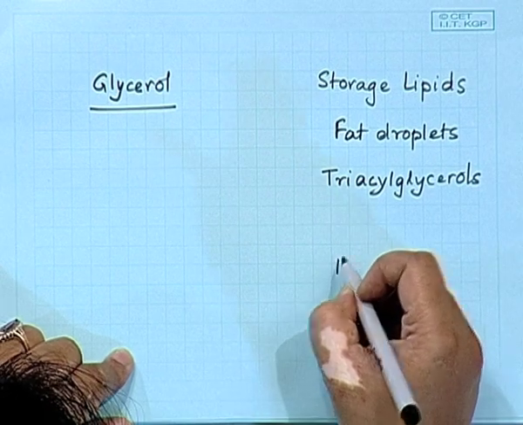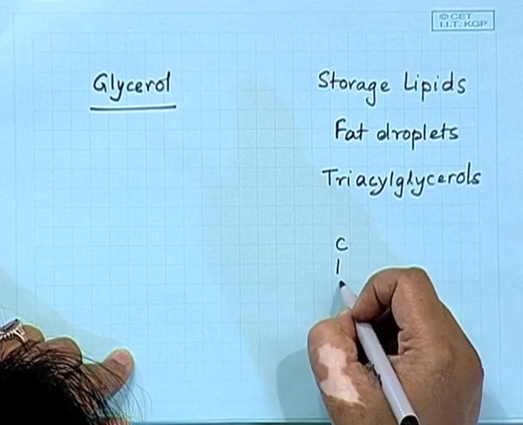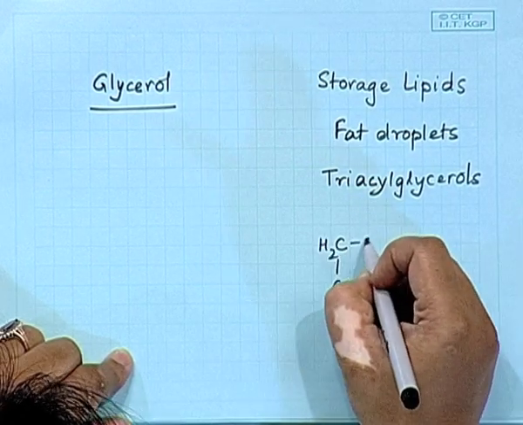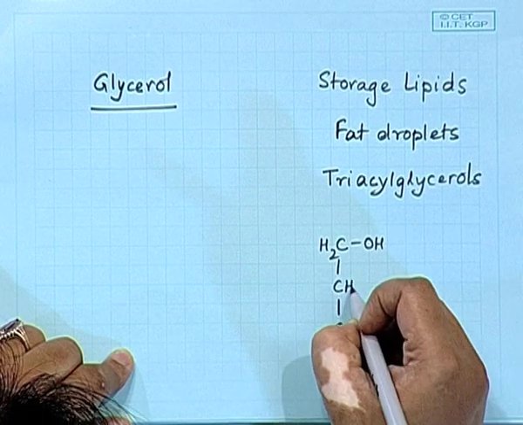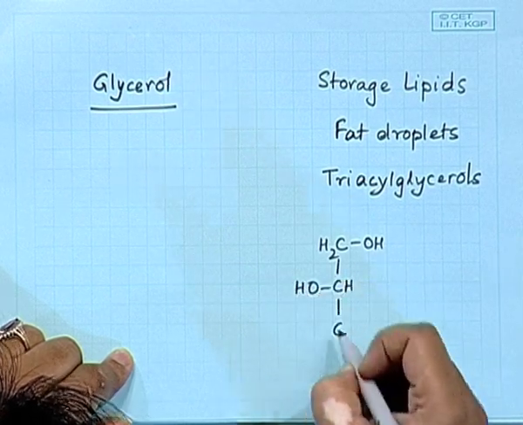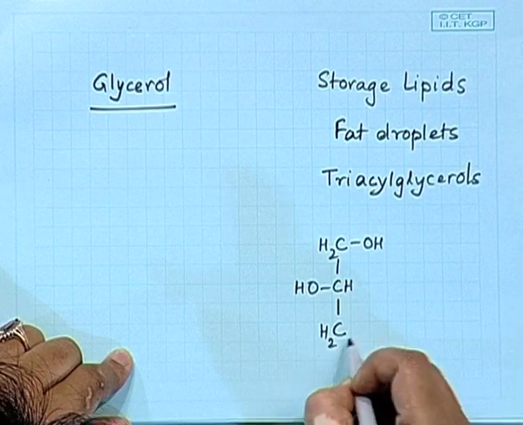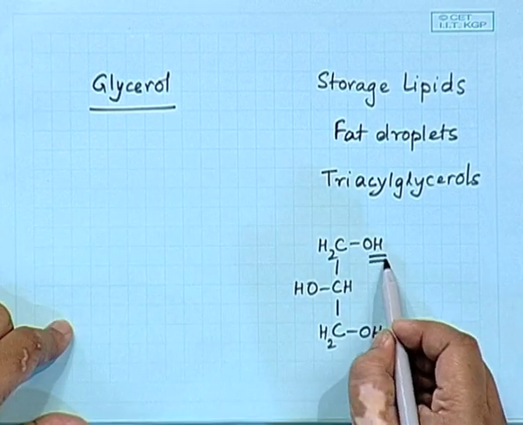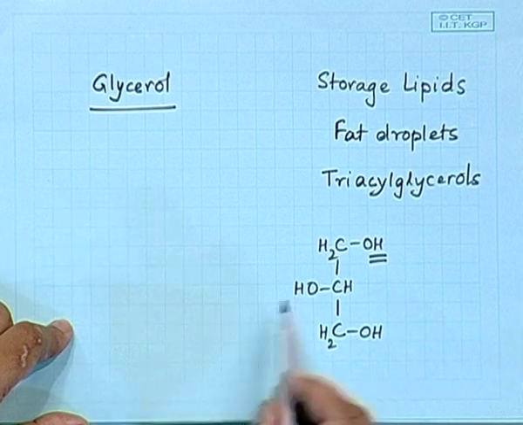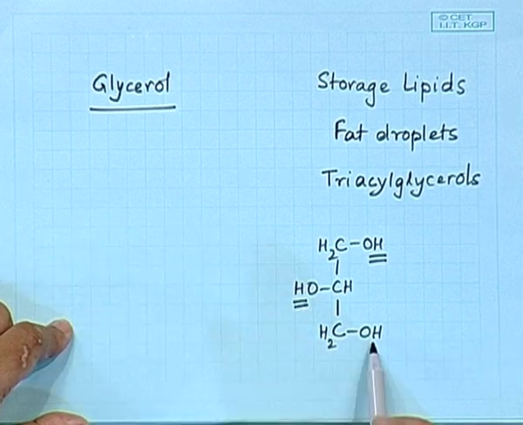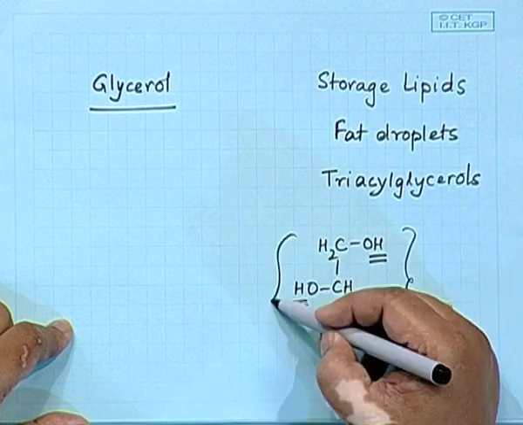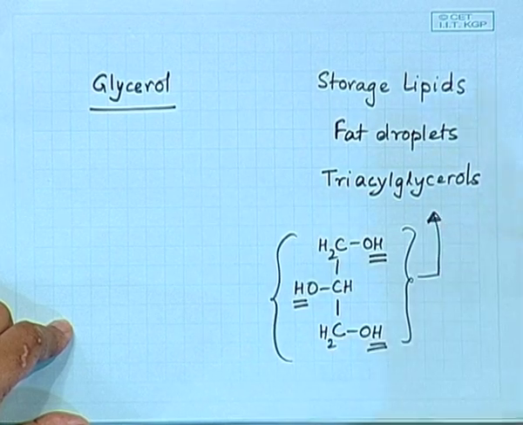We have our 3 carbon glycerol, we have our OH, our OH, our OH. We have this replaced by a fatty acid, this replaced by a fatty acid, this esterified to a fatty acid. So, each of these esterified to a fatty acid is going to give our triacylglycerol.